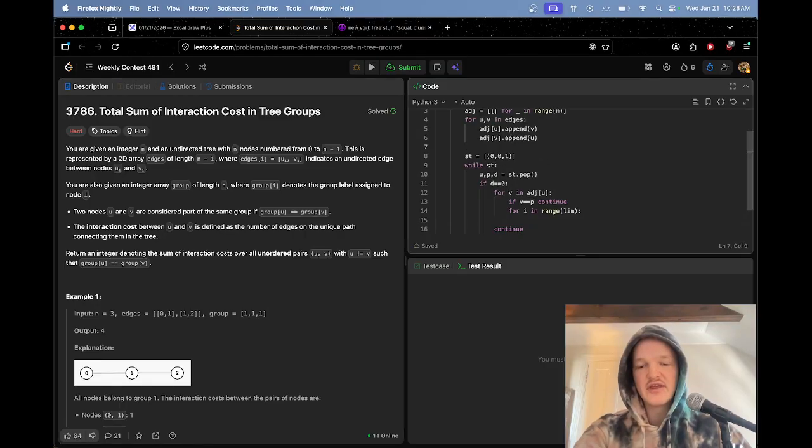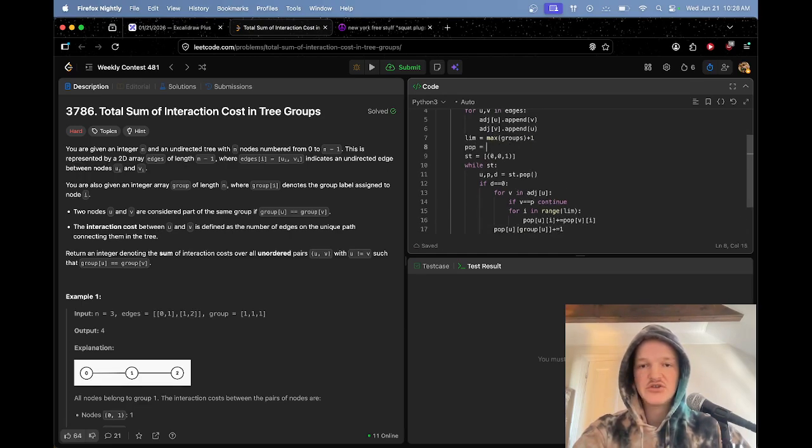I could just say it's 20, but that's fine too. Population at u at I plus equals population at v at I. And then I also want to say population at u at its own group, right? We have to contribute it as well, plus equals 1.